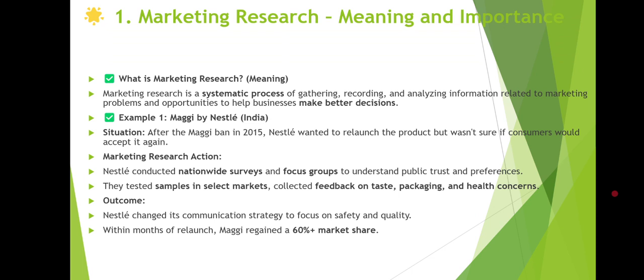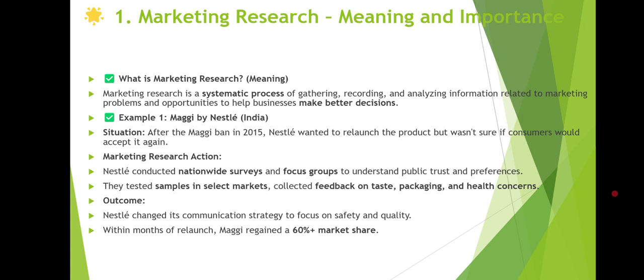So first topic we have marketing research, its meaning and importance. So what is marketing research? If we talk about marketing research, it is basically a systematic process of gathering, recording and analyzing information related to marketing problems and opportunities to help businesses make better decisions.